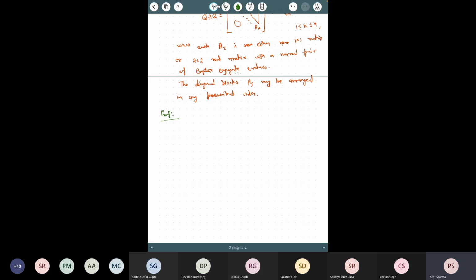Either eigenvalues are real, or there are non-real eigenvalues which appear as conjugates. So if lambda is an eigenvalue, then lambda bar is also an eigenvalue. So two cases. The first case: suppose that lambda is a real number which is an eigenvalue.